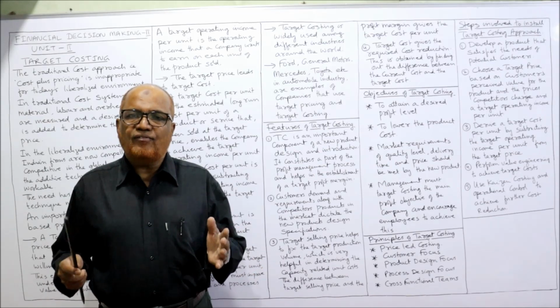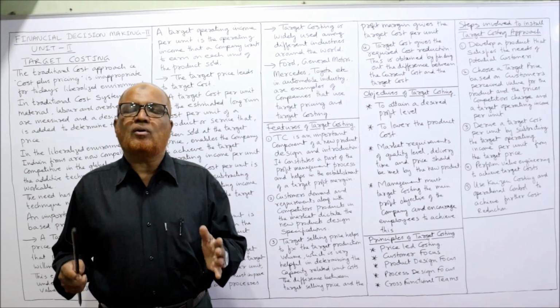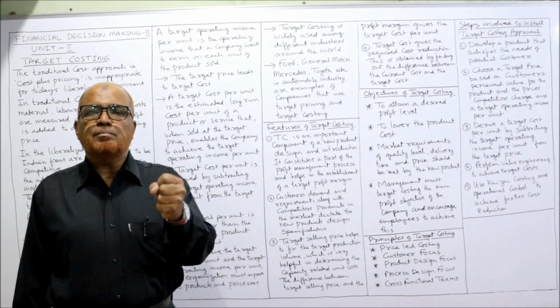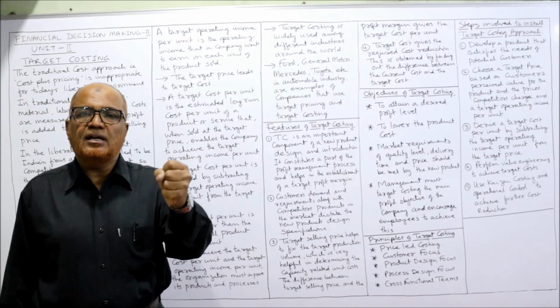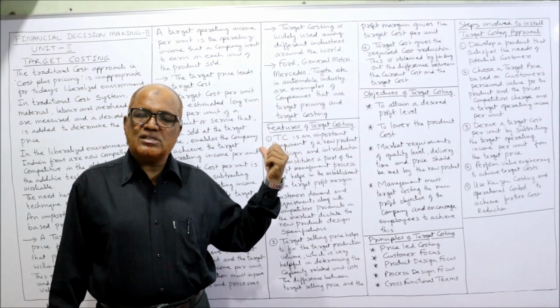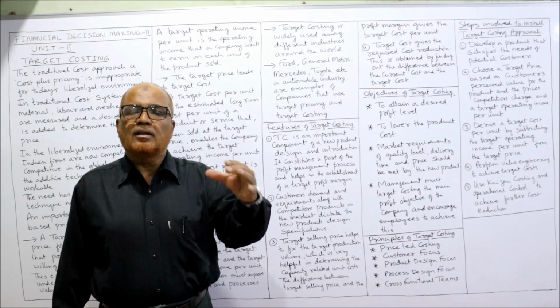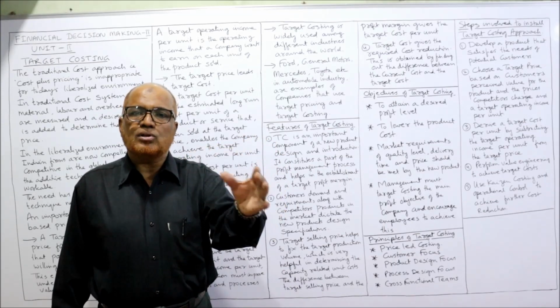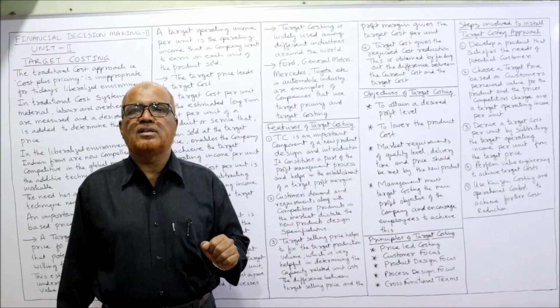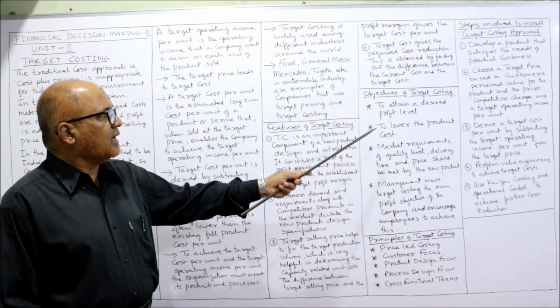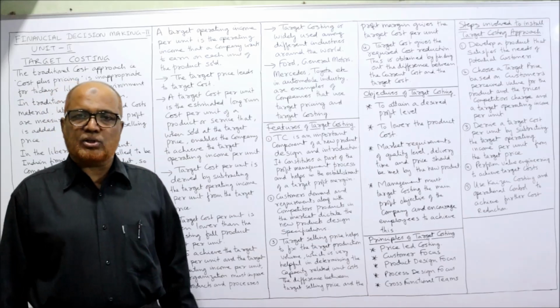The first and foremost requirement of the business is that it must earn a desired profit. So this target costing will give the company an assurance of a desired profit.